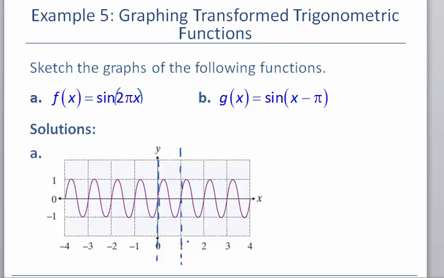Okay, so let's look at our second problem. g of x is equal to sine of x minus pi.